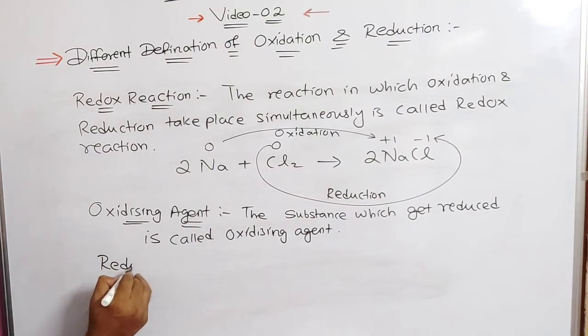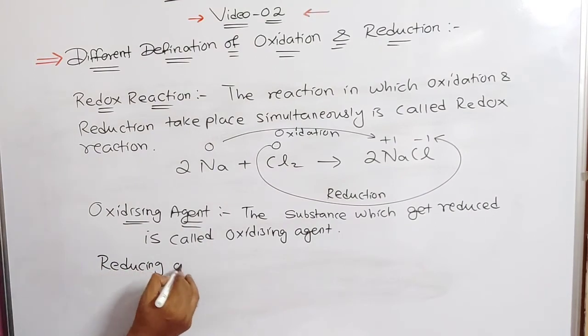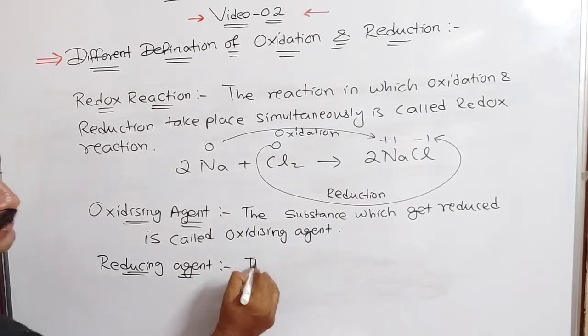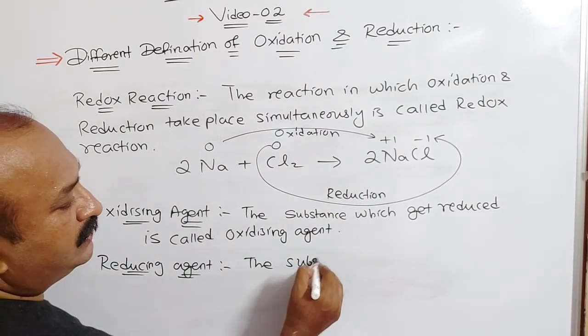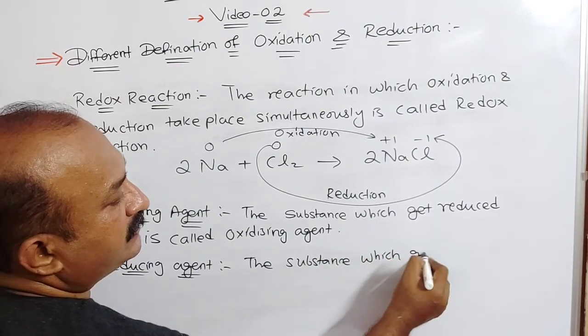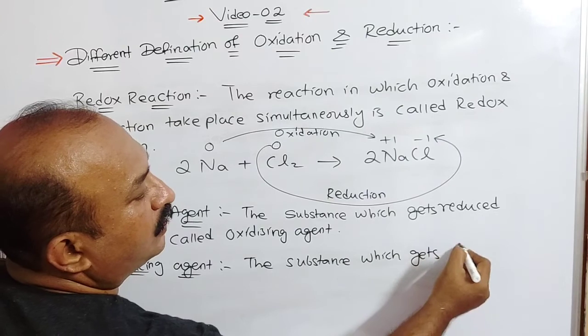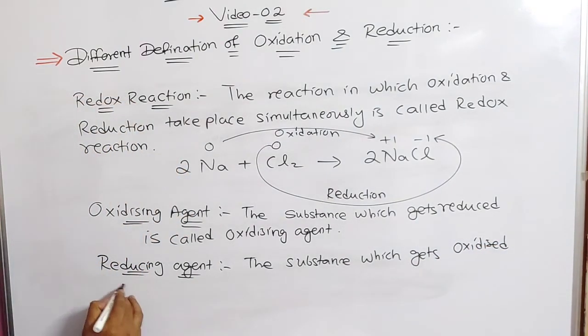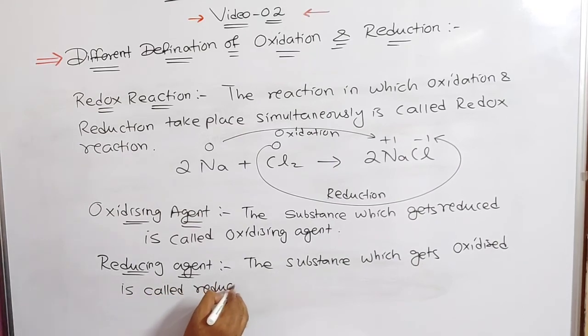And if I write here reducing agent, which agent? Reducing agent. So we can say the substance which gets oxidized is called reducing agent.